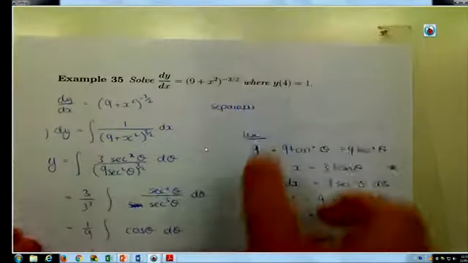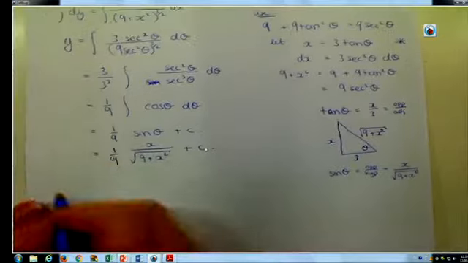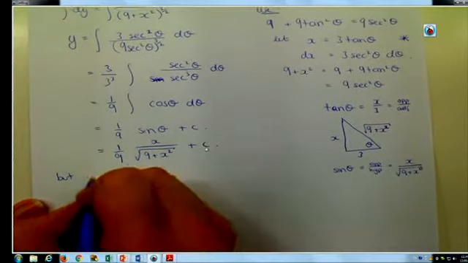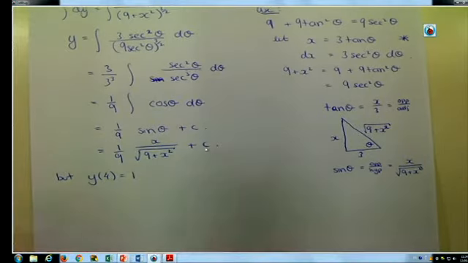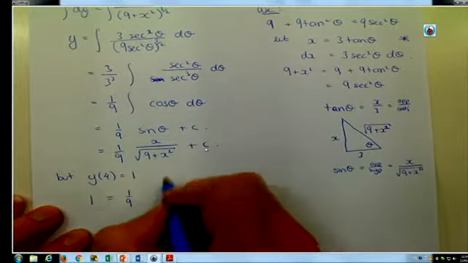Okay, the other thing with this question though, it's got a boundary condition here, so we've got to substitute this in to find out what the c is. When x is 4, y equals 1. So 4 is the x value, and 1 is the y value. So let's put that in.